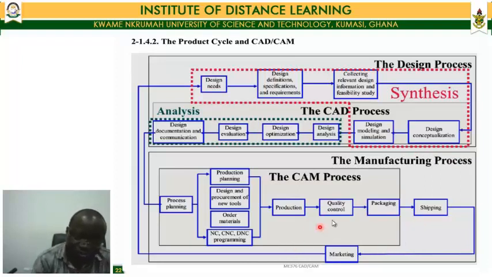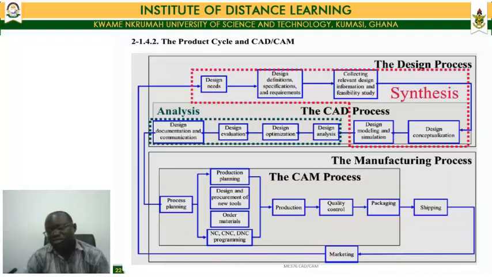You move into production, and then there will be quality control measures, packaging, and then shipping, then to the market, and after market, the information from the market feeds back to the design, and the process continues as a cycle. So you notice that this product life cycle has a first part, which is the design process, and then the next part, which is the manufacturing process.